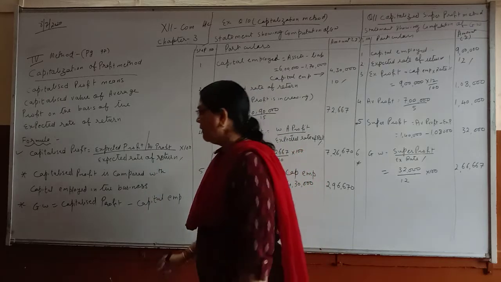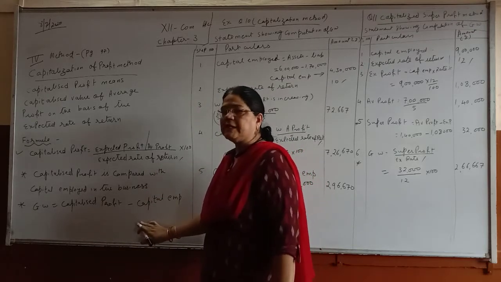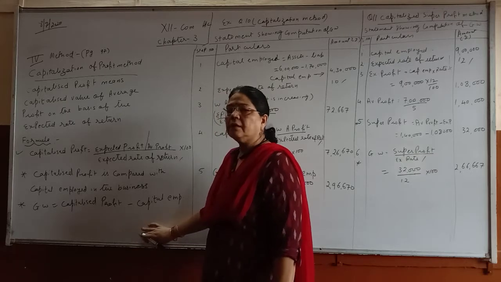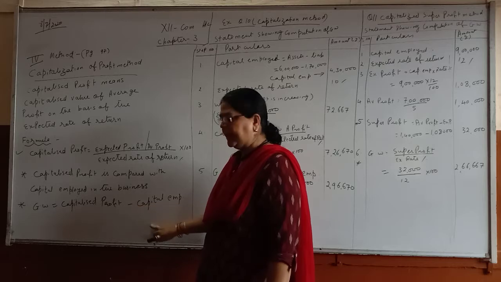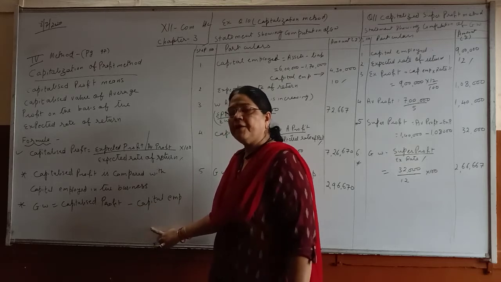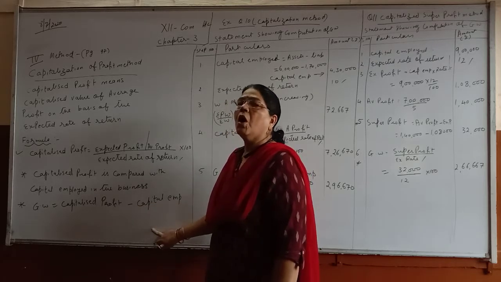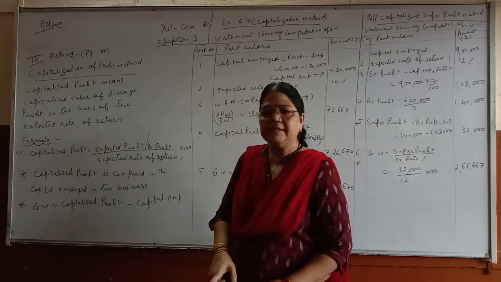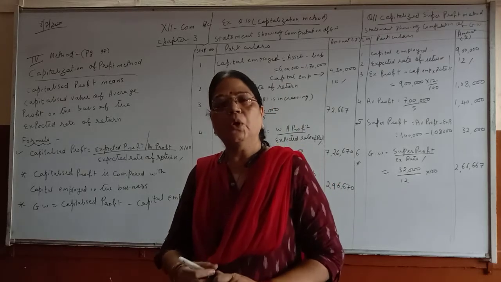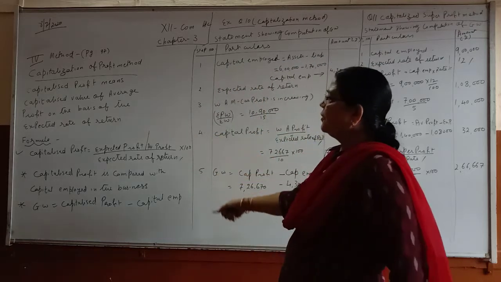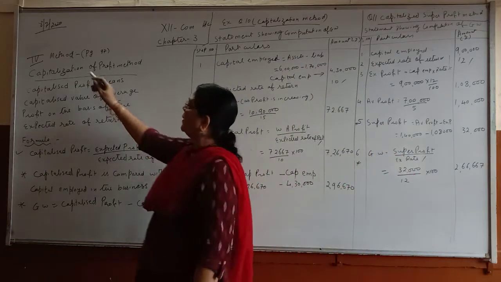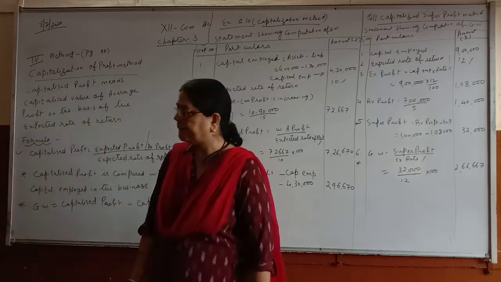If you get a positive answer, that will be the value of goodwill. But if you get a negative answer or zero, then we can say there is no goodwill in the business. This is the introduction, which you can refer to on page 97.